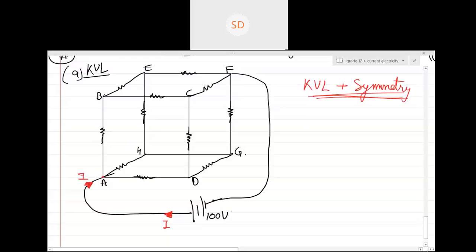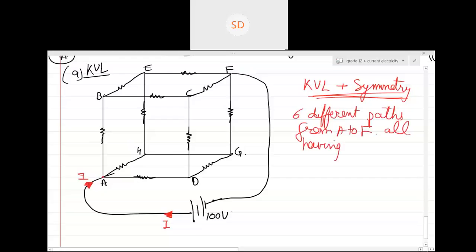And then I can go from AB to BC, then CF. And then I can go from AB to BE, then EF. So can you see 6 different paths from A to F, all having identical resistance in them? Yes or no?